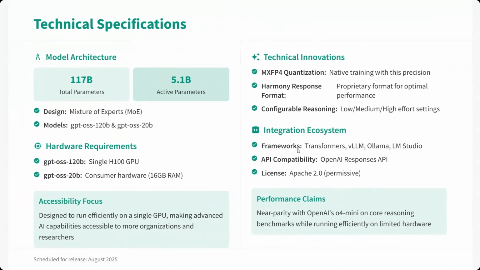When I look at the technical specification, the model has 117 billion total parameters and 5.1 billion active parameters, which is lesser, but it gives faster response, and the hardware is a single H100 GPU for the 120 billion model and less than 16 GB of memory for the 20 billion one. It's designed to run on a single GPU, making advanced AI capability accessible across organizations.